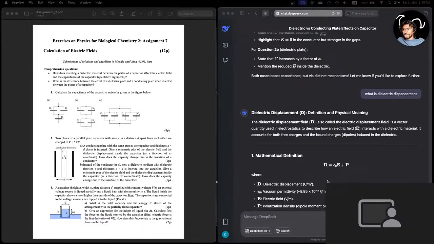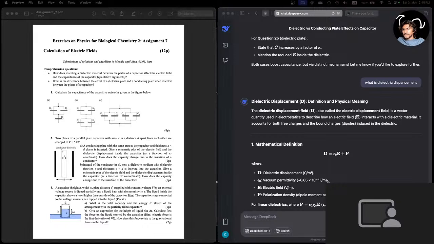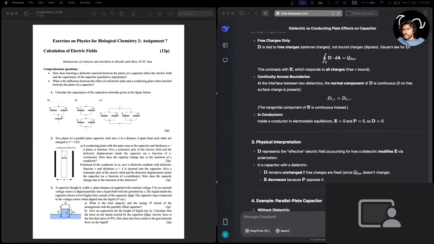Dielectric displacement, vacuum permittivity, electric field, polarization density. The dielectric modifies E through polarization.